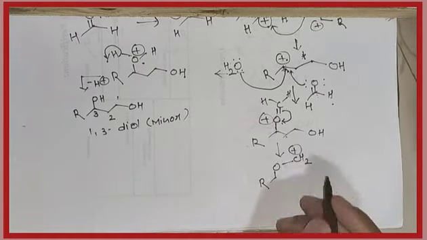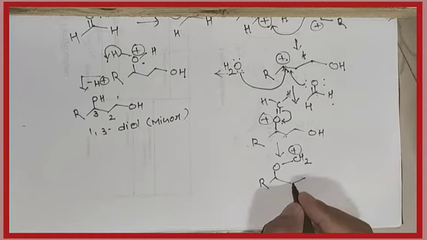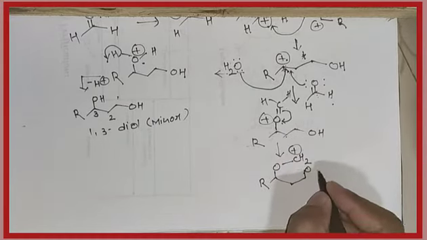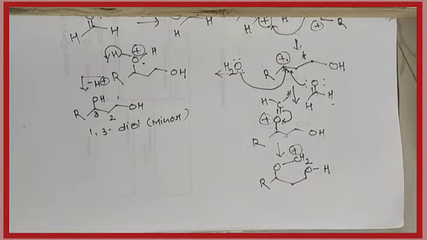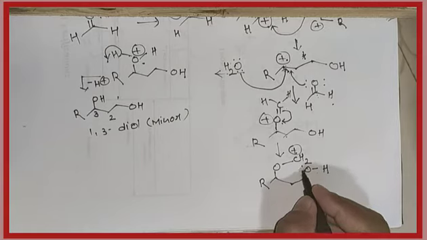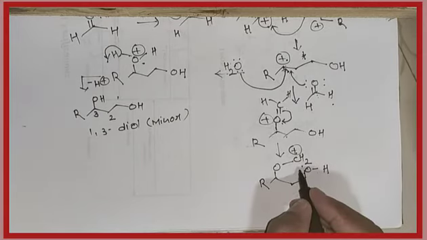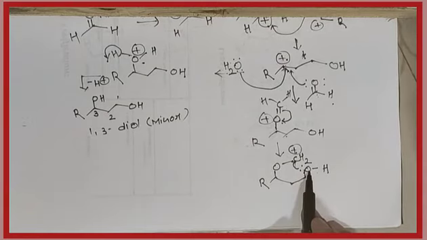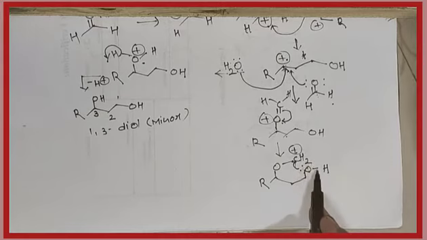The remaining part is as it is: 1, 2 carbon, this is 1 carbon, this is 2 carbon, and now it is attached with the OH. Clear? So now this carbon is positively charged and this oxygen has a lone pair, so this lone pair attacks this carbon. Clear? This oxygen is electron rich, this carbon is electron deficient, and they are in closest vicinity.